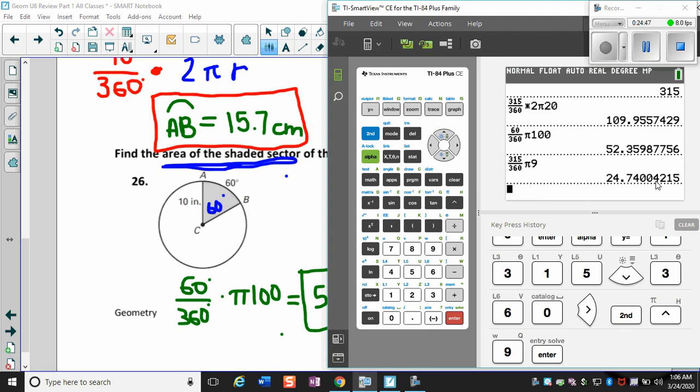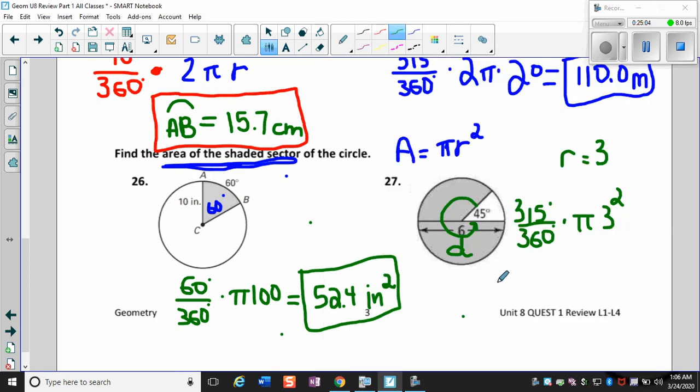24.74004215. Rounding off to the nearest tenth, I want one number after the decimal. I'm going to look at the neighbor. If it's 5 or bigger, I change the 7. Since it's less than 5, we keep the 7 as it is. So your final answer, rounded off to the nearest tenth, is going to be 24.7.